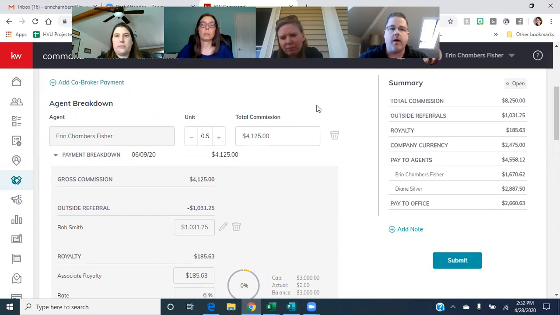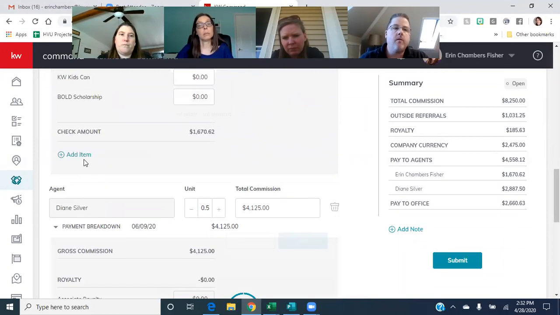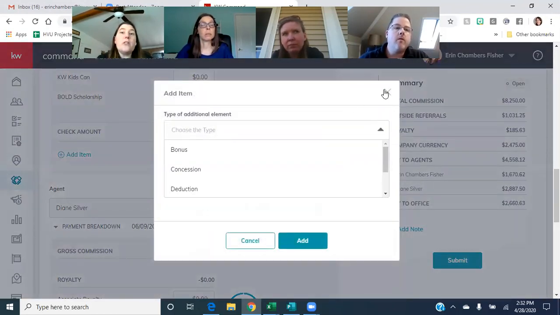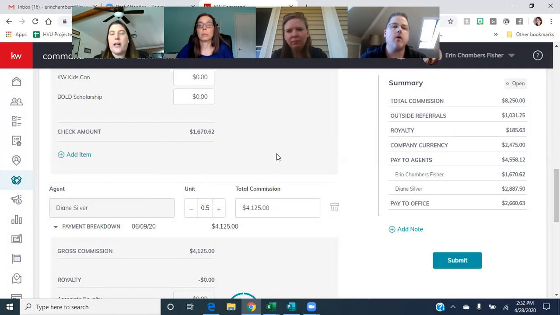Could we just enter the exact amount of the commission being paid to the team member as a bonus instead of as a referral, and then not have the fees come out of it? Well, no, because your team in Winmore is listed at 100% with all of those things already properly set up. So no matter what you enter for them, it's not going to pull royalty or commission out, because their system is not set up to do that. So even if you did it as a referral, it wouldn't pull from them, because the system doesn't have that for them, if that makes sense. Okay. All right, cool.